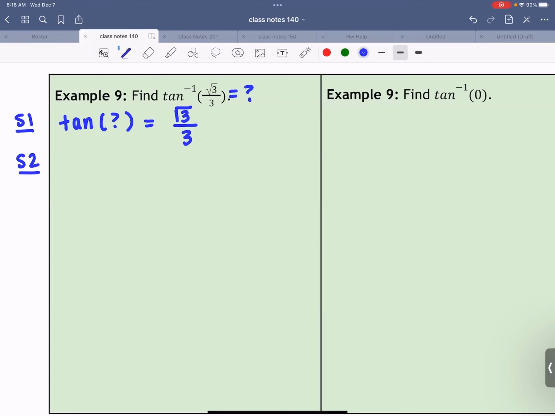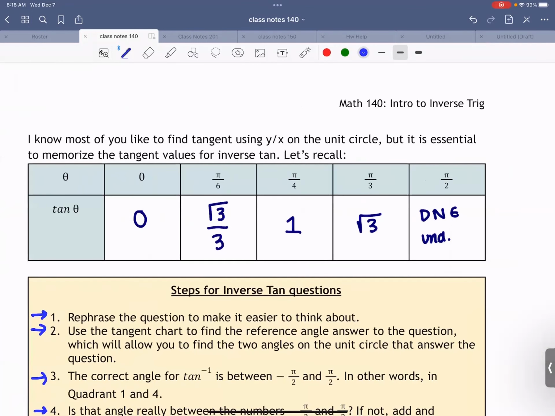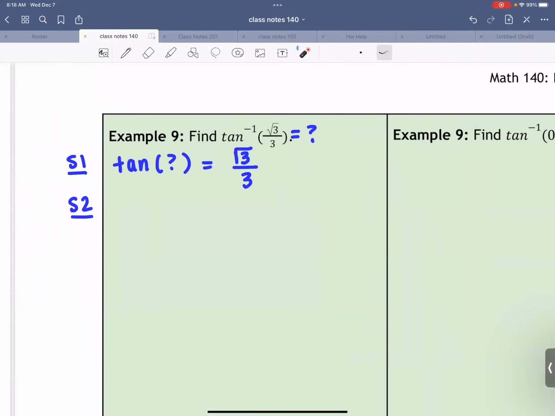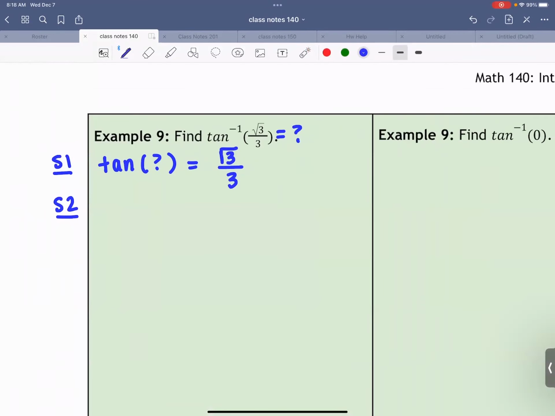So what I would do is look at your chart. What's going to be the denominator of my angle this time? 6, right? Because root 3 over 3 is here. Pi over 6 has to be what my angle looks like. So my angle has to be over 6.